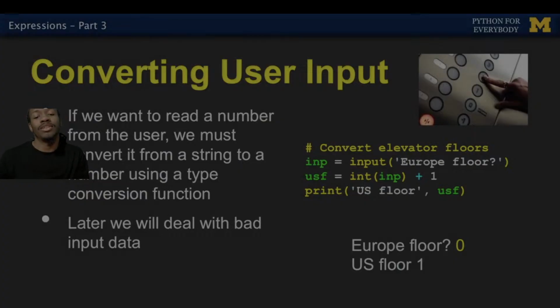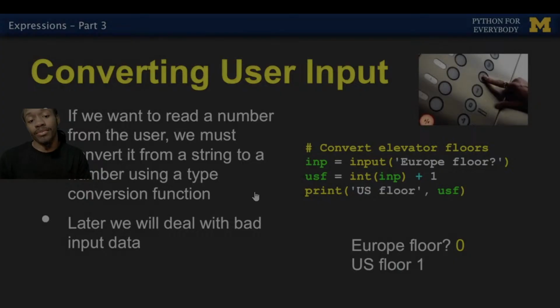So the European floor is our inp equals whatever you say it is, but it's going to be the European floor. So when you go to input, it's going to ask, what's the European floor?